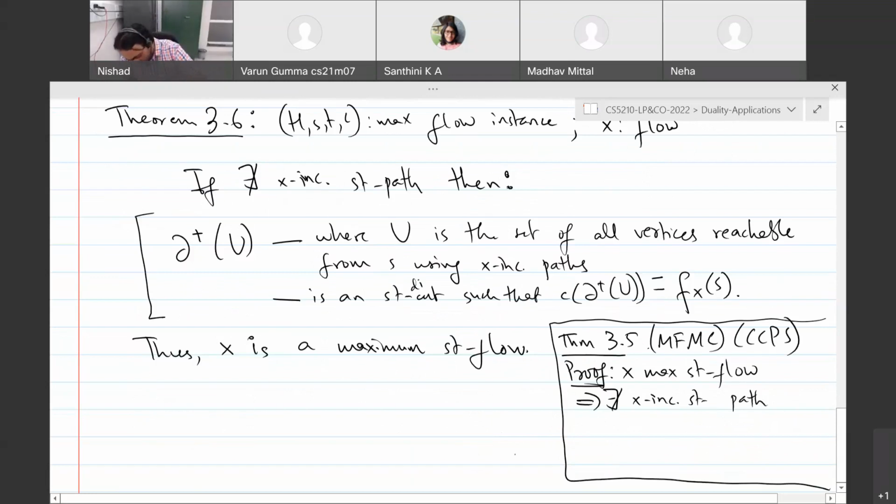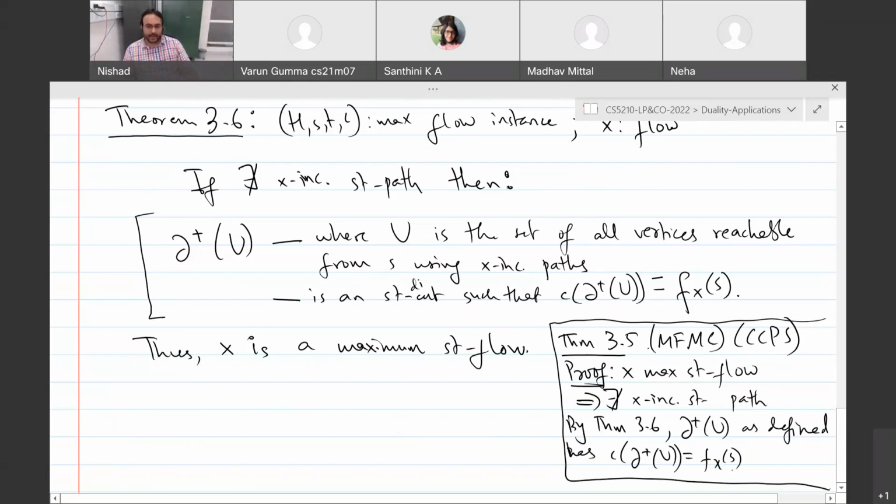Now by theorem 3.6, the cut delta plus of U as defined there has capacity exactly equal to the flow value.